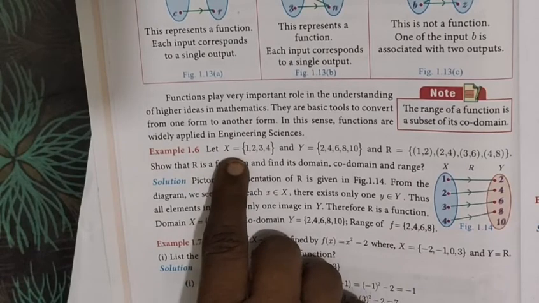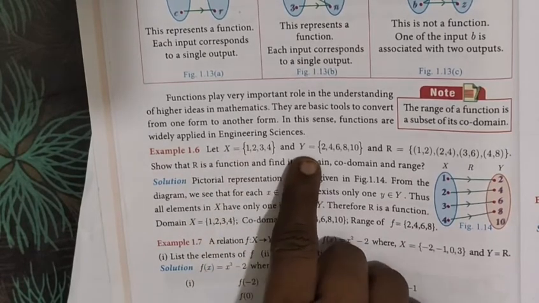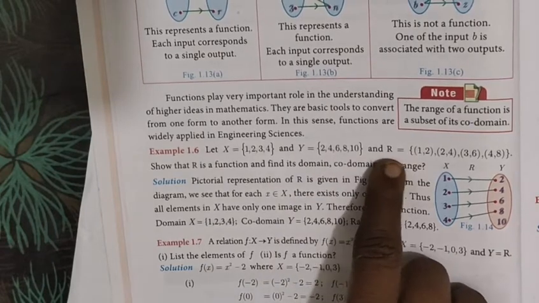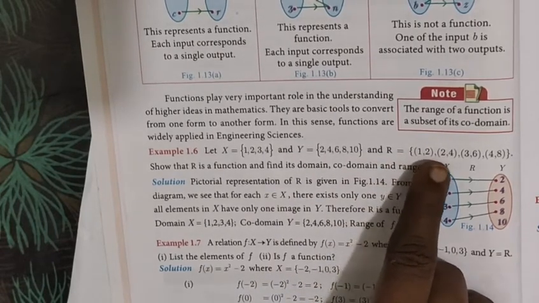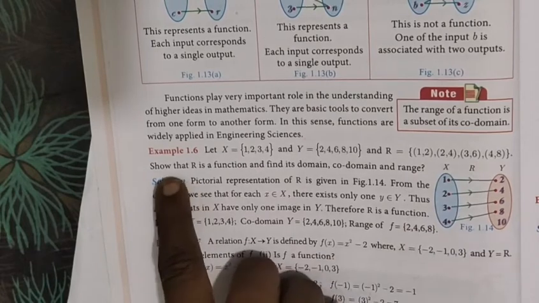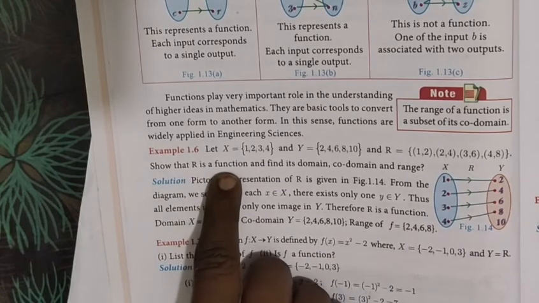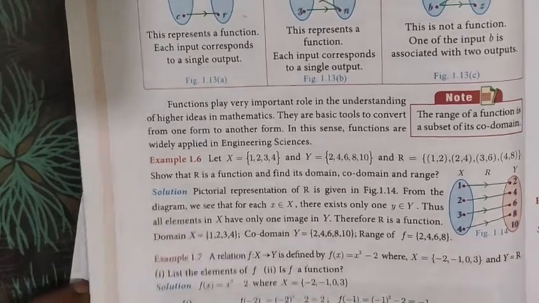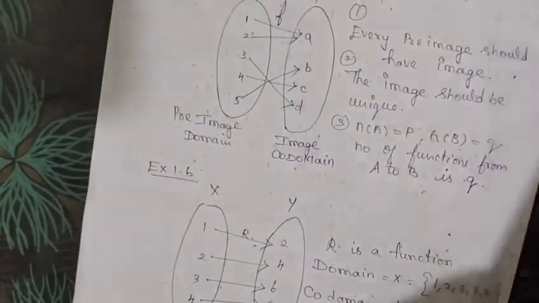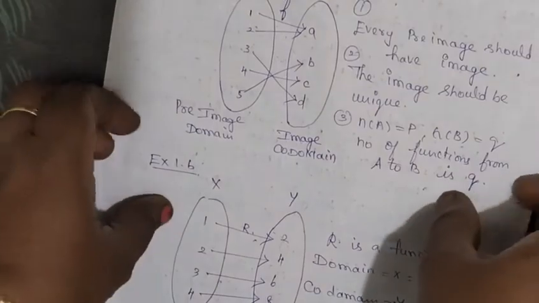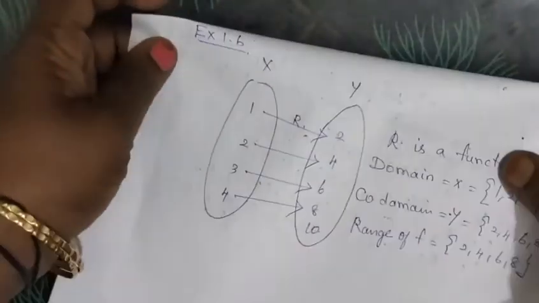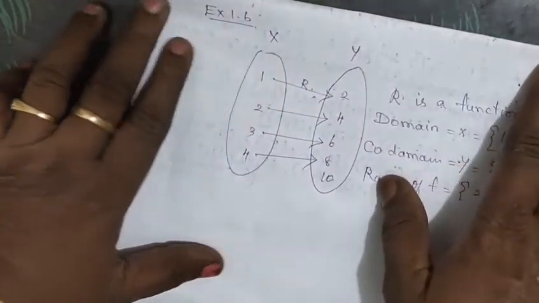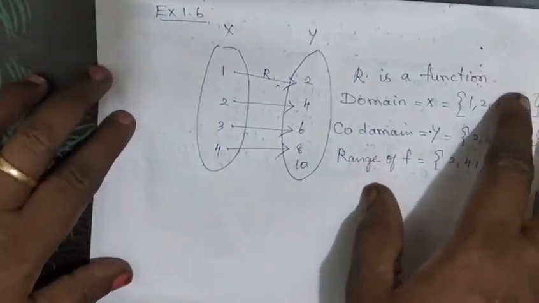Let set X equal to {1, 2, 3, 4} and set Y equal to {2, 4, 6, 8, 10} and the relation R is given as {(1, 2), (2, 4), (3, 6), (4, 8)}. Show that R is a function and find its domain, codomain and range. In order to find the domain, codomain and range, we can represent it in an arrow diagram.